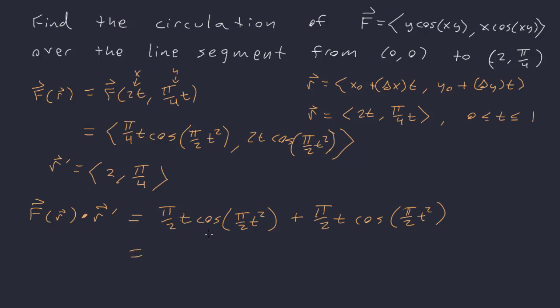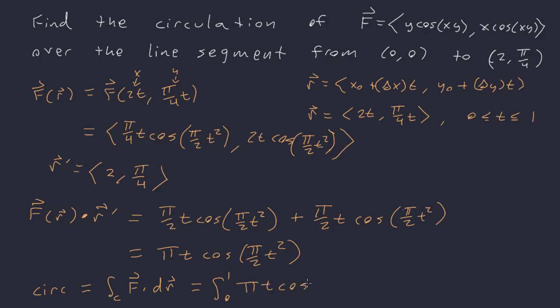Those are like terms. Pi halves plus pi halves will end up being pi t cosine of pi over 2 t squared. So the circulation is the integral over c of f dot dr, which we can now write as the integral from 0 to 1 of pi t cosine pi over 2 t squared dt.